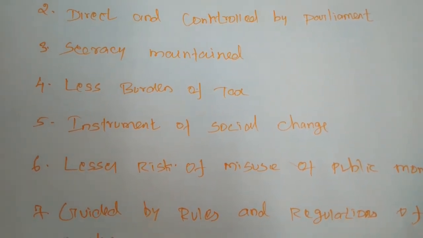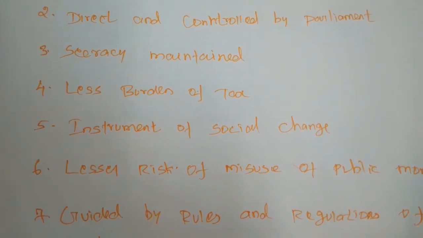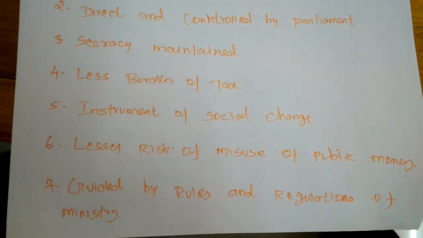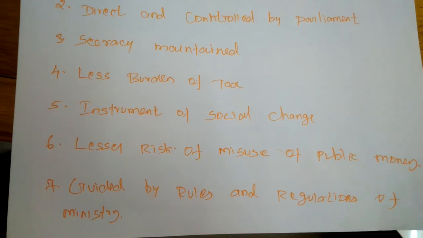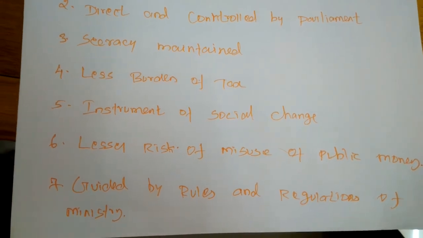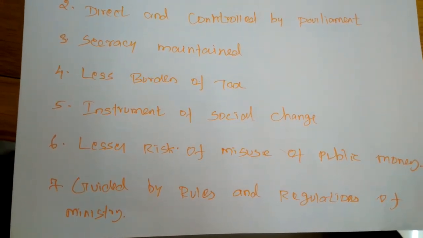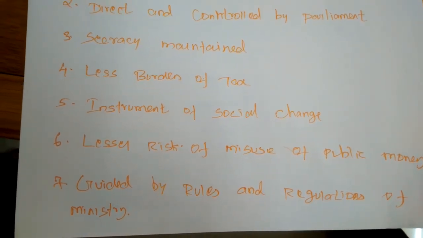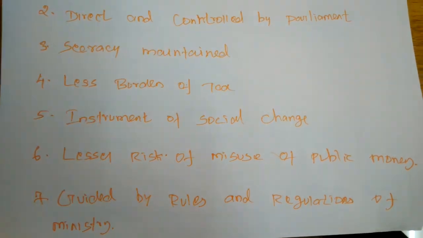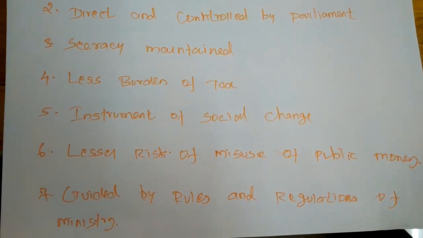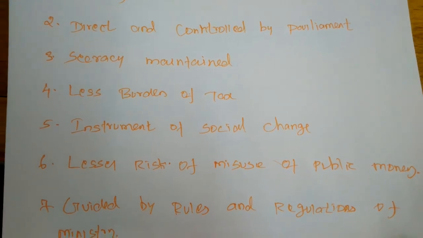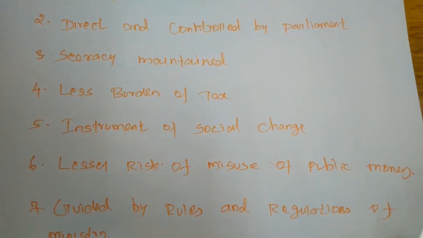So the risk of misuse of public money is relatively less, because most of the income goes to the government treasuries through the government undertakings in the form of public money. So there will be a lesser risk of misuse of public money under governmental undertakings.